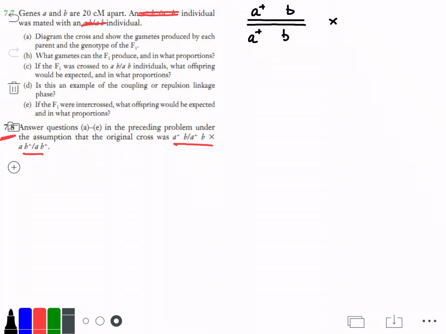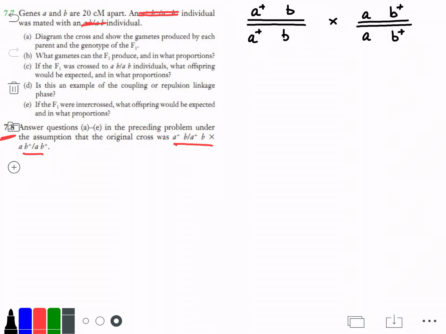And we're crossing that by an individual that is AB plus slash AB plus. Now, in traditional Mendelian genetics, we would say the first organism is homozygous dominant for A and homozygous recessive for B, and vice versa for the other one.